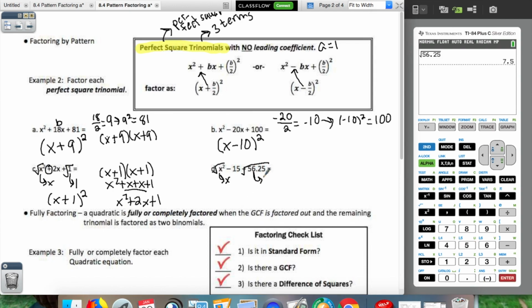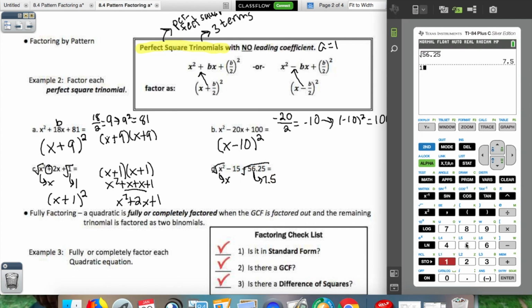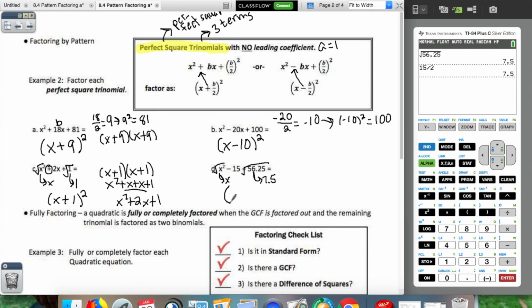Now let's actually see if 7.5 is half of 15. So what's 15 divided by 2? Well, that is 7.5, so this is going to work out. So then we'll have x, what's the sign in the middle? Minus 7.5. And then we'll square it.